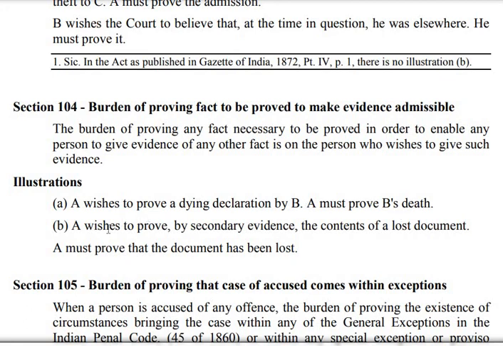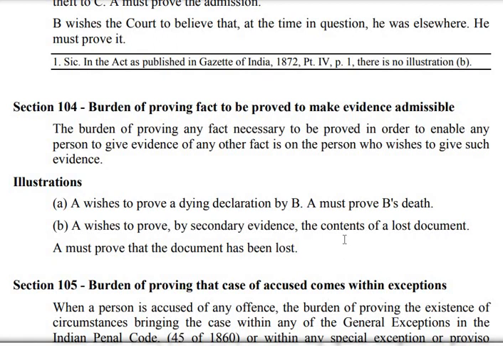Similarly, A wishes to prove by secondary evidence the contents of a lost document. अब जब भी आपके पास कोई ओरिजिनल डॉक्यूमेंट होगा, अब सपोज ए पर्सन इज हैविंग ए ओरिजिनल डॉक्यूमेंट, वो उससे खो जाते हैं एंड ही इज हैविंग फोटो कॉपी ऑफ दैट ओरिजिनल डॉक्यूमेंट. अब जो नॉर्मल रूल है वो आपको ये है कि आपको ओरिजिनल डॉक्यूमेंट प्रोड्यूस करना पड़ेगा. अब सपोज पर्सन लॉस्ट दैट डॉक्यूमेंट, then that person will seek the permission from the court that allow me to provide the Xerox copy of the lost document.